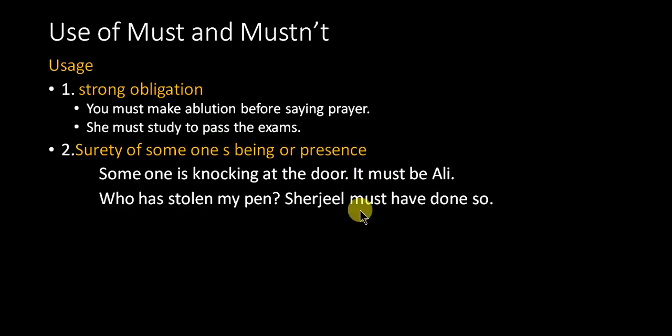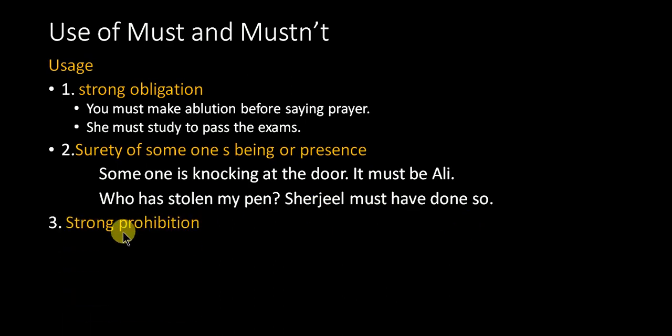You are 100% sure that Sharjeel has stolen your pen, and if you are sure, you can say Sharjeel must have done so. Sharjeel must have stolen my pen. Understand? So this is surety. If you are sure about something, about someone, you can use the word must to describe that thing.